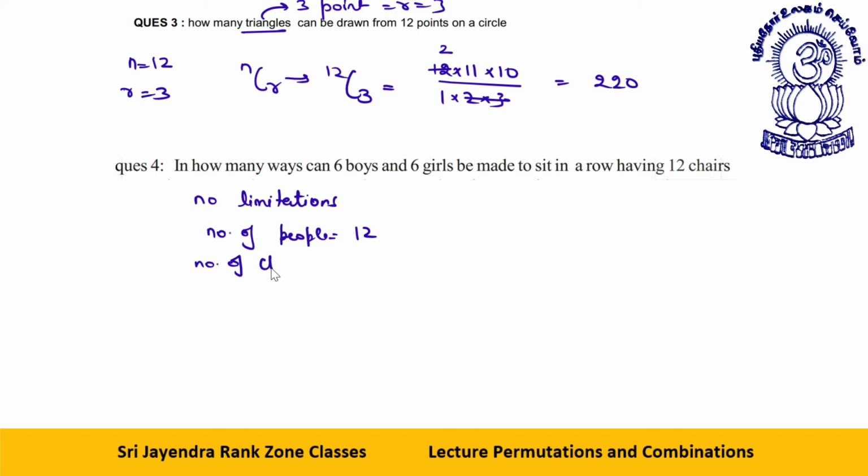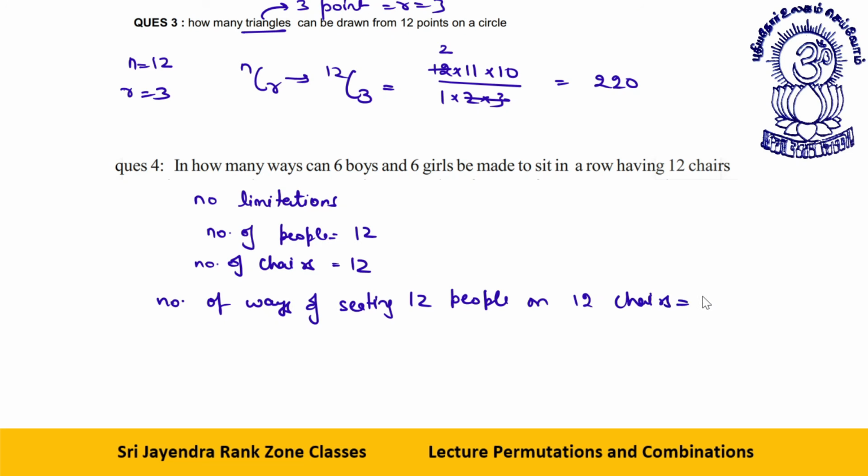Number of chairs, again 12. So number of ways of seating 12 people on 12 chairs, which I have discussed earlier, is equal to 12 factorial. This is your answer. Clear to all? Yes, it must be clear.